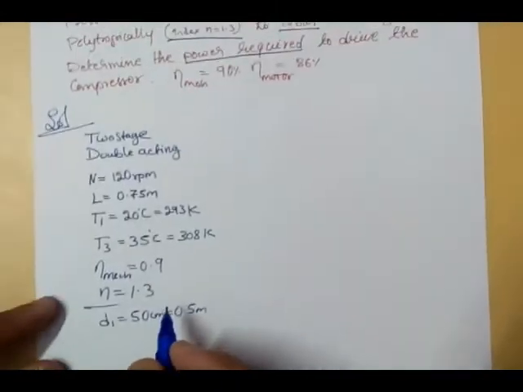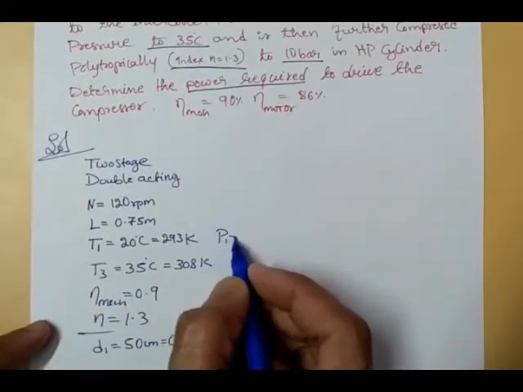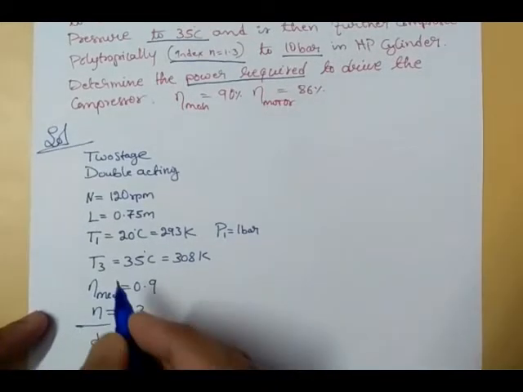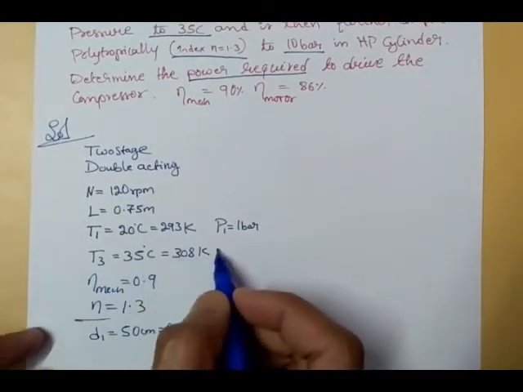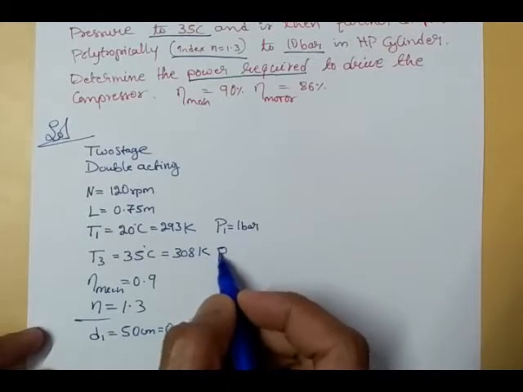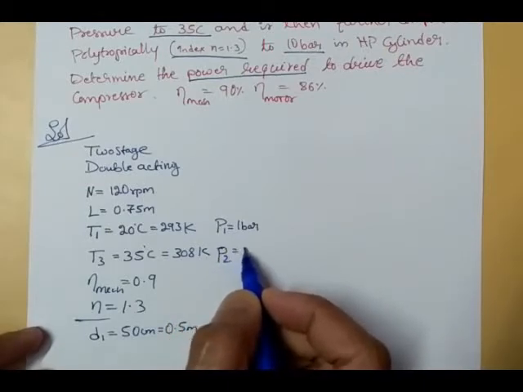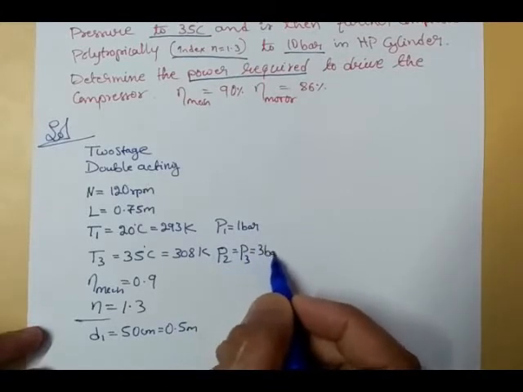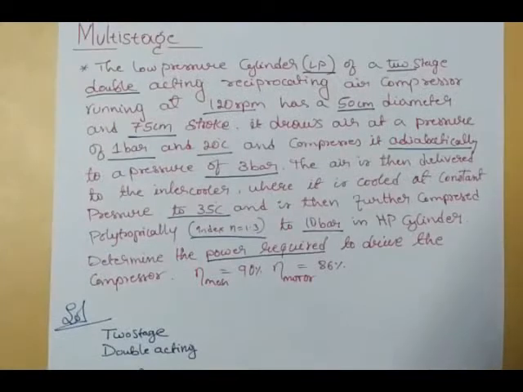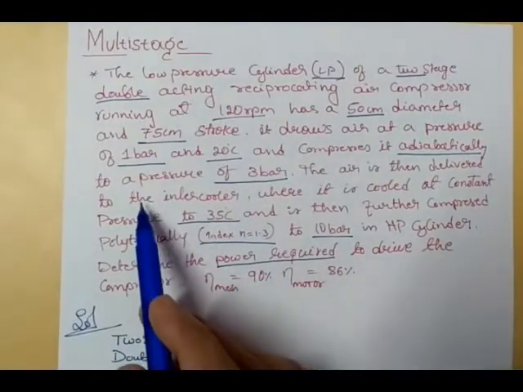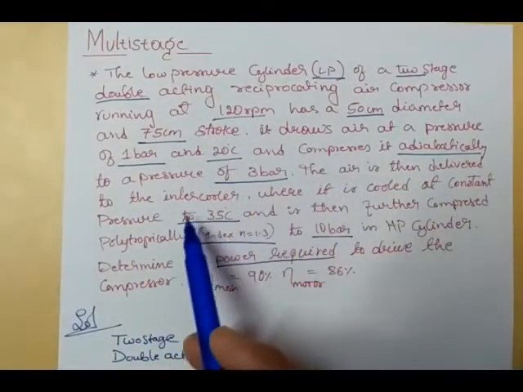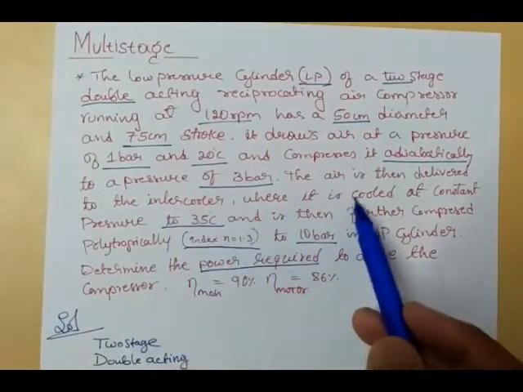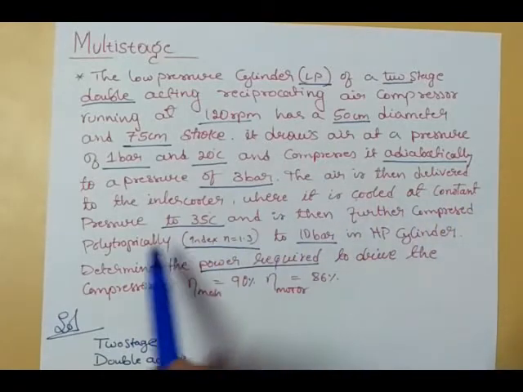Inlet pressure P1 is 1 bar, then P2 is equal to P3, that is equal to 3 bar. Why? Because the air in the intercooler is cooled at constant pressure.